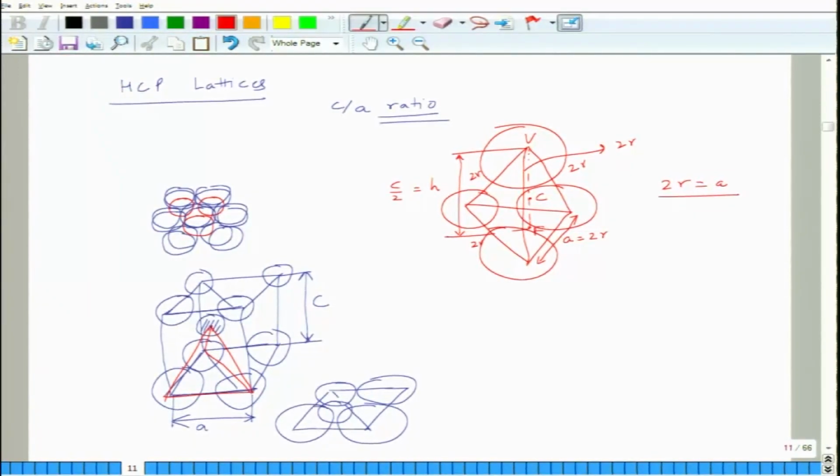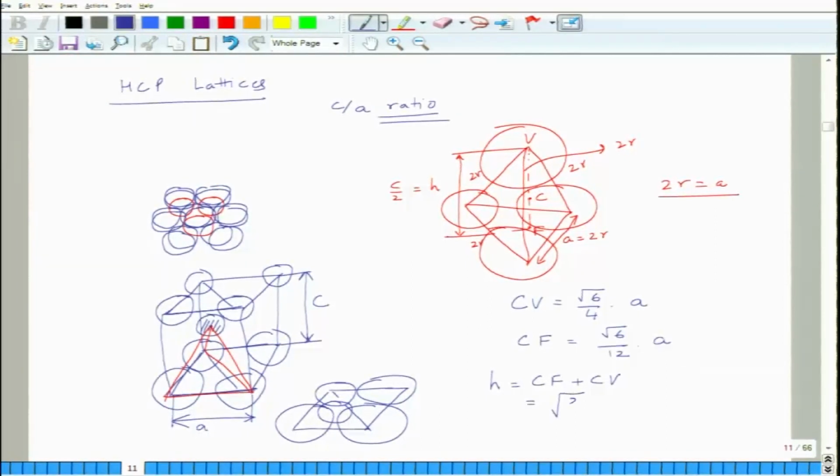So, by geometry you can work out this distance CV is equal to root 6 by 4 into A, and CF will be equal to root 6 divided by 12 into A, and we know that H is equal to CF plus CV.